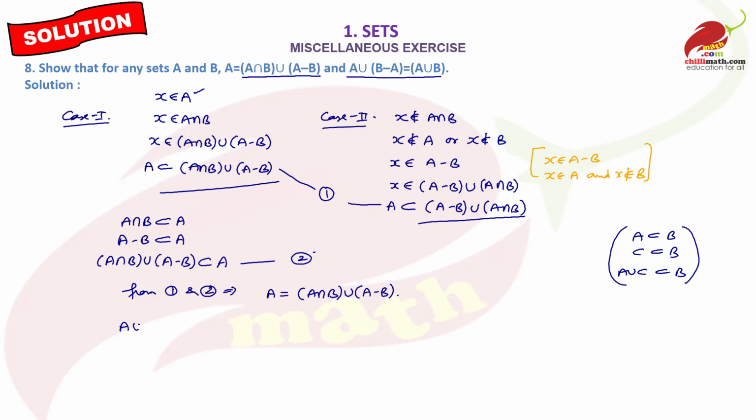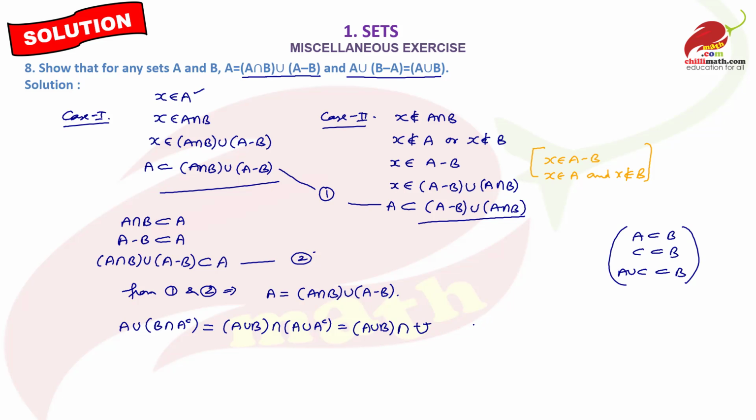So this is A union (B minus A), we can write B intersection A complement. Using the distributive law, that is (A union B) intersection (A union A complement), which is equal to (A union B) intersection (A union A complement is the universal set).